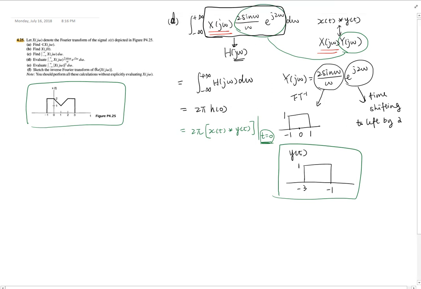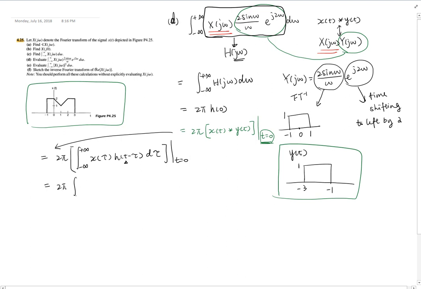And go back to the definition we learned about convolution: the integral of x(τ) h(t minus τ) dτ, when t equals 0. So I might as well just plug in t equals 0 to this t over here.